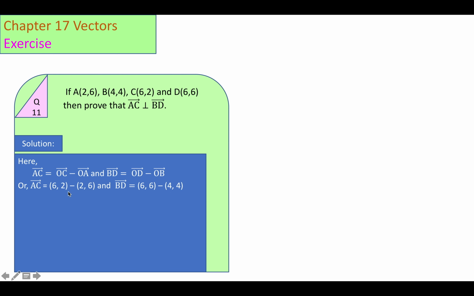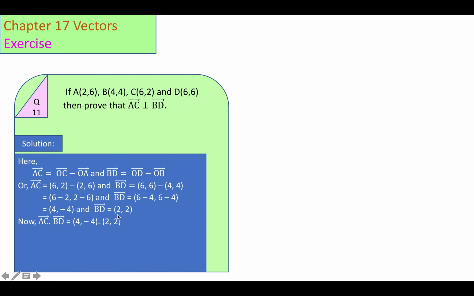Or vector AC equals (6, 2) minus (2, 6) and vector BD equals (6, 6) minus (4, 4), which equals (6 minus 2, 2 minus 6) and (6 minus 4, 6 minus 4), which equals (4, minus 4) and vector BD equals (2, 2).